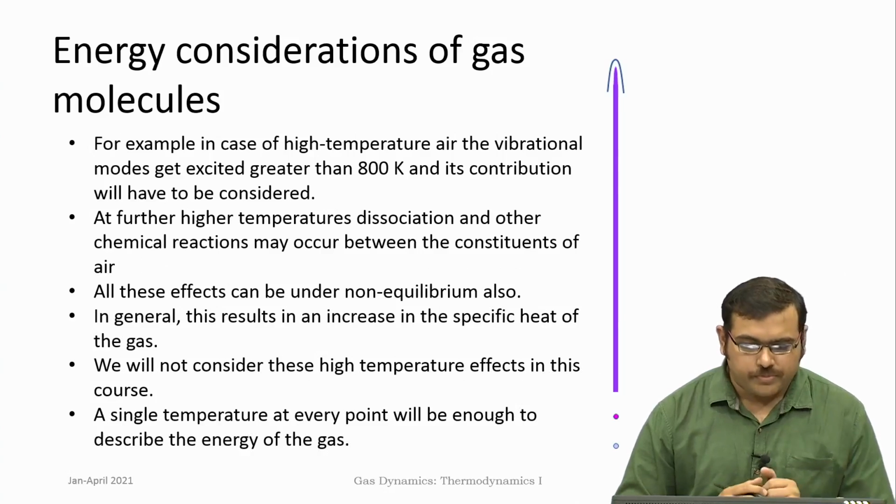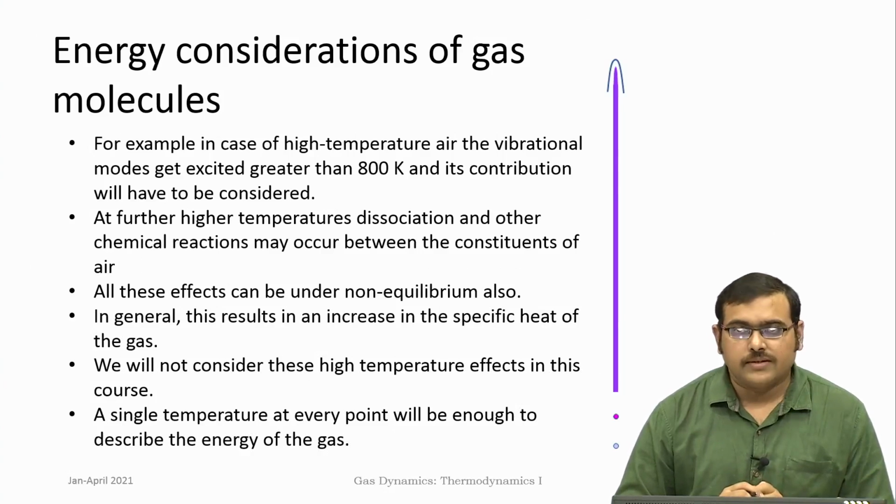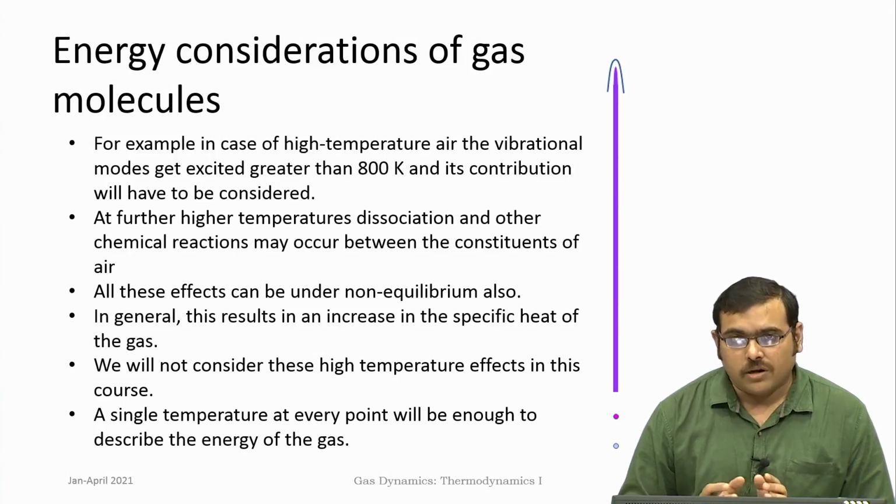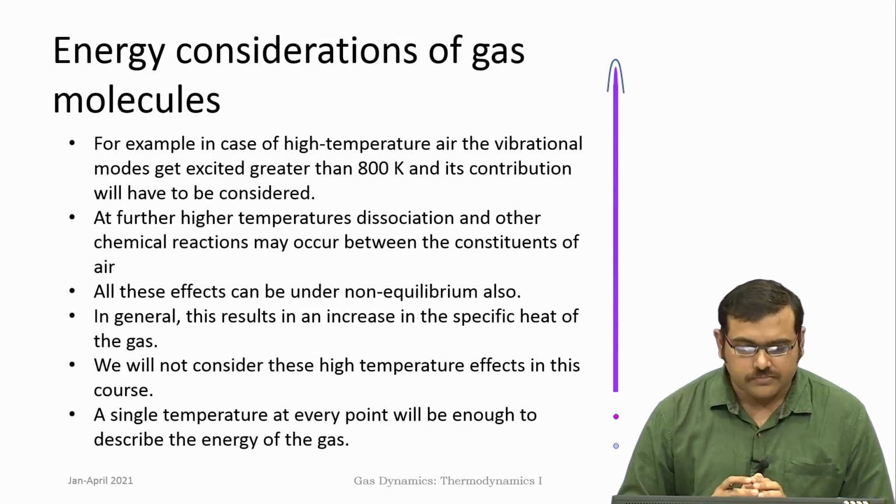Also, in certain cases the temperatures can be so high that chemical reactions like dissociation may occur, like a nitrogen molecule splitting up into nitrogen atoms, and if these chemical reactions occur, they can be under non-equilibrium conditions also.